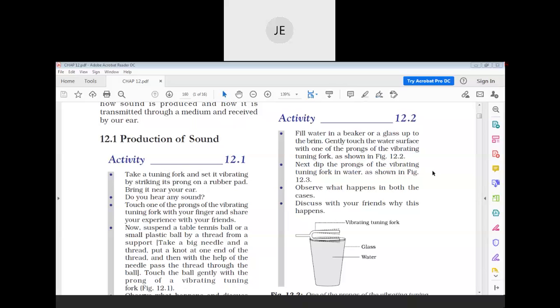The vibrations travel from the tuning fork to the water surface, and certain waves form in the water medium. And there is one interesting thing I have already told the previous batch.